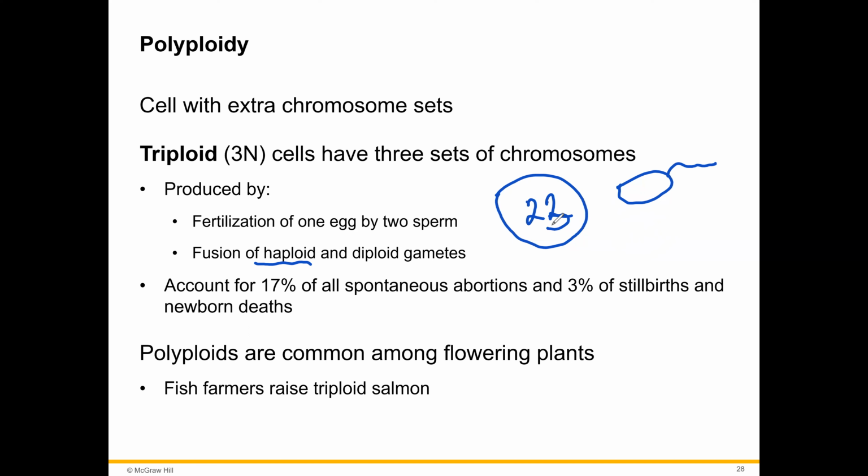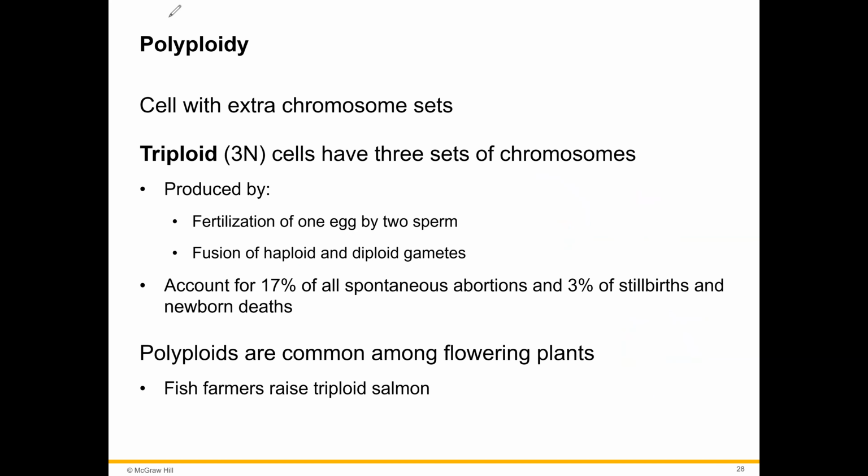Now, what if during formation of the egg, for example, chromosomes did not separate and we have 23 and 23, so we have 46. This is called 2N. This is a diploid egg. And if fertilized by a haploid sperm, we still have a triploid. Right, so that's our polyploidy.